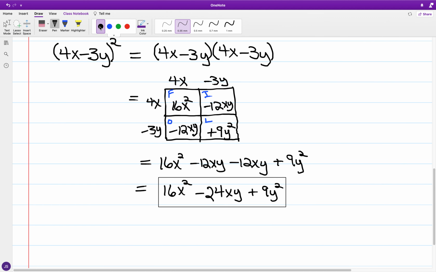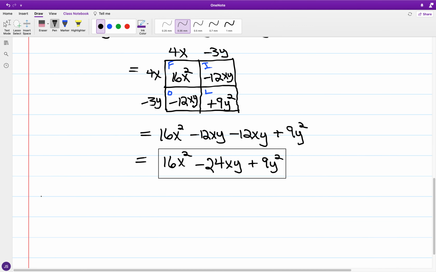Now, regarding the multiplication of polynomials, as the third case, say I have the quantity 3x plus 4 times that of x minus 10. Again, you can go with the geometric or the traditional approach.